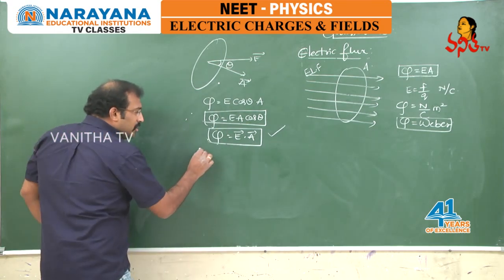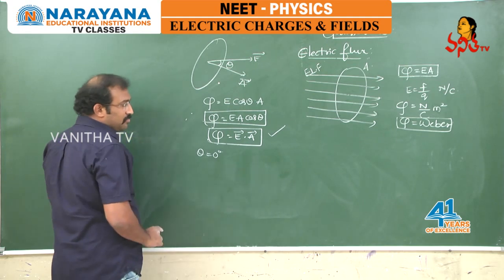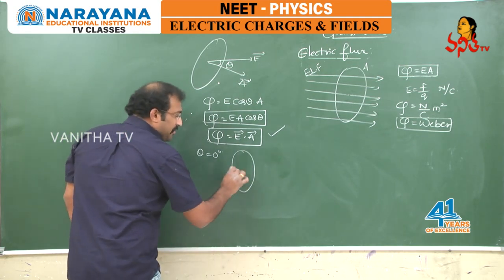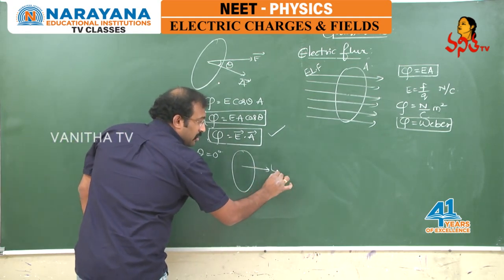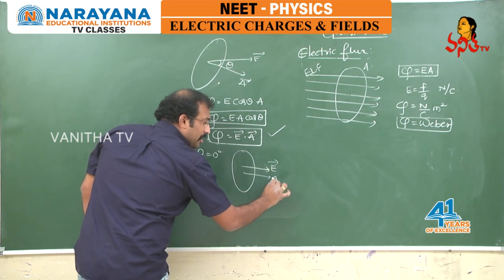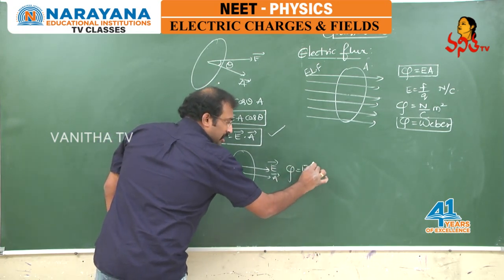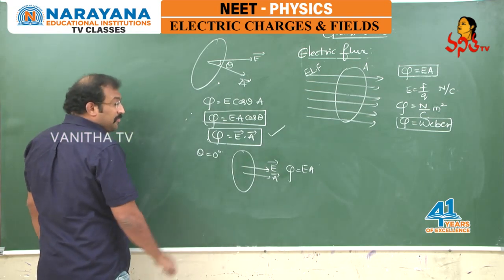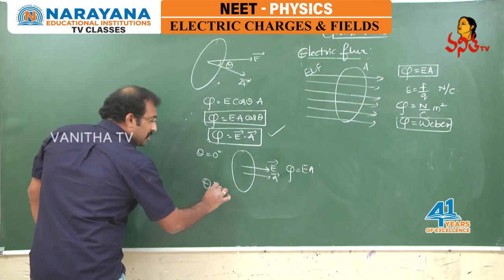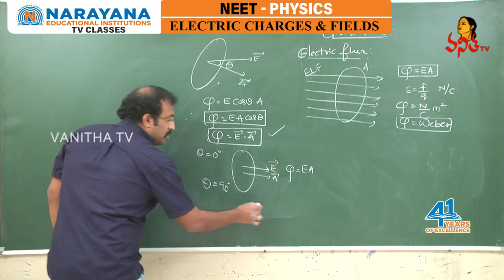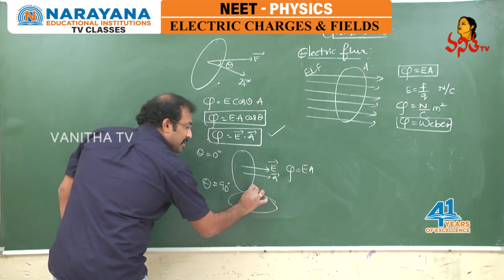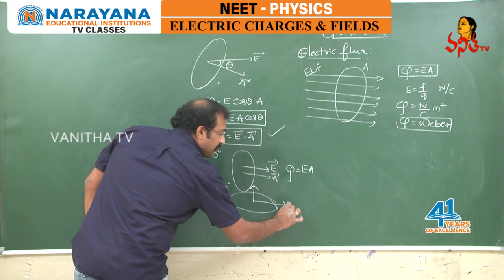Let us see if theta is equal to 0 degrees. So this is the surface, if this is E bar and this is A bar, then the flux through the surface is EA. If theta is equal to 90 degrees, suppose this is the surface, this is the area vector and this is the electric field vector.